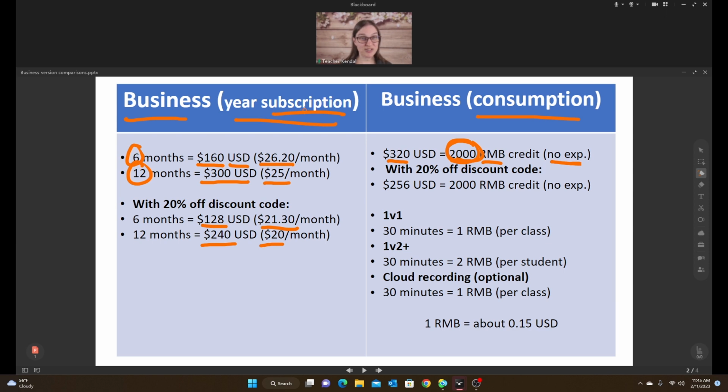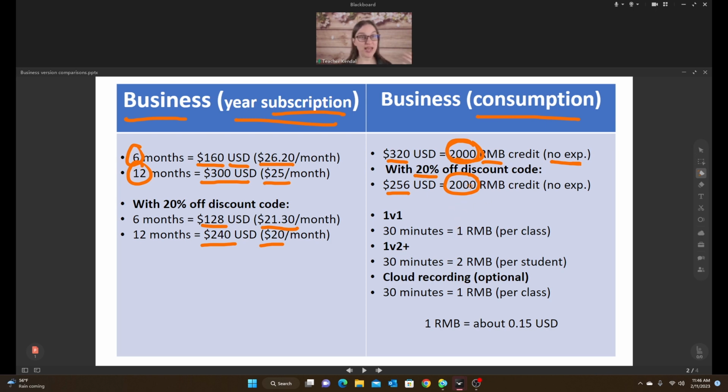That could be 1 year, 2 years, or even 3 years depending on how many students you teach. So that is the positive to consumption. There is no expiration. You use it until it's gone. You still can get the 20% off discount with the business consumption, which is about $256 US. When you pay that, they will still give you the full 2,000 RMB with no expiration.